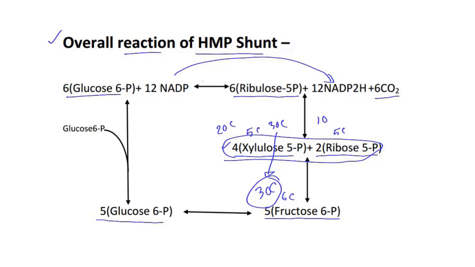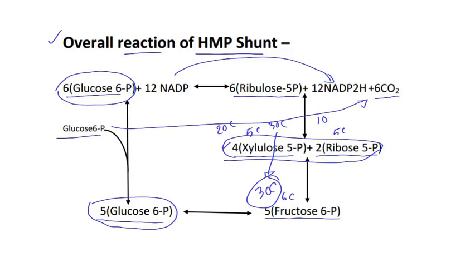Literally, this reaction started with 6 molecules of glucose 6-phosphate and ends with 5 molecules of glucose 6-phosphate. So we can see that 1 molecule of glucose 6-phosphate is lost through 6 molecules of carbon dioxide.